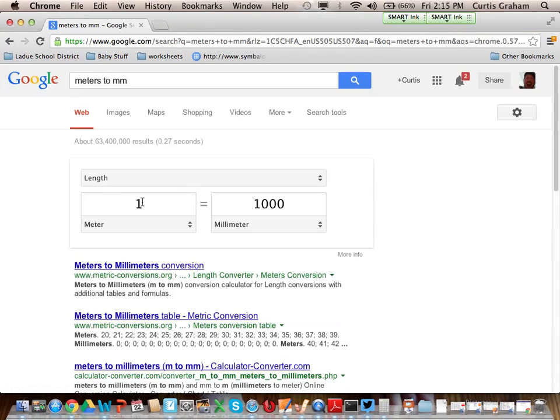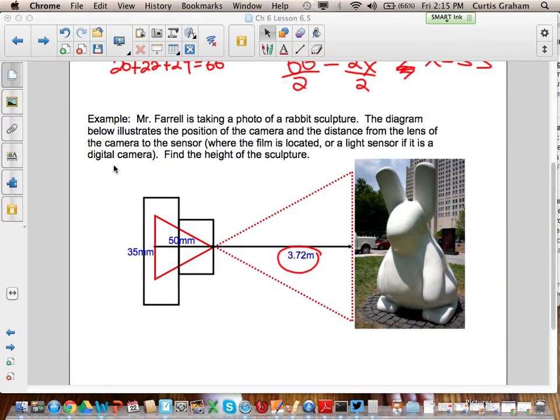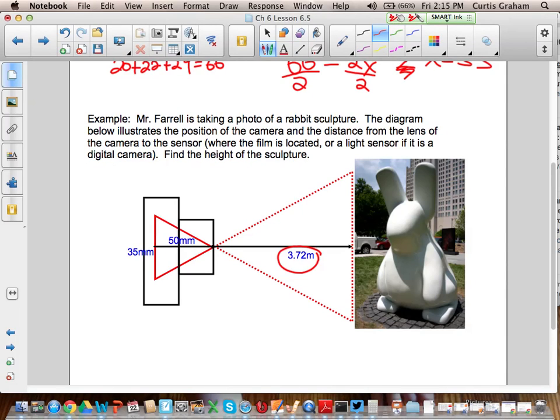All right, so 1 meter is equal to 1,000 millimeters. So I'll move this back 3 spaces. So I should have 3,720 millimeters.